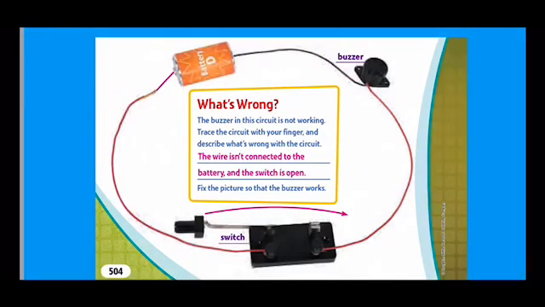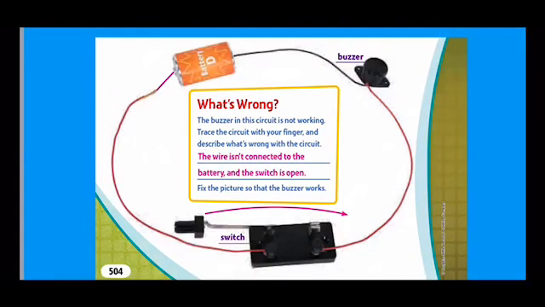Okay? So if I ask you, the buzzer in this circuit is not working, trace the circuit with your finger and describe what's wrong with it, and then fix the picture. Okay, so if you trace it with your hand, you are going to see that the switch is not closed.